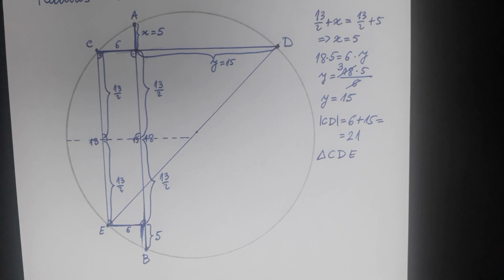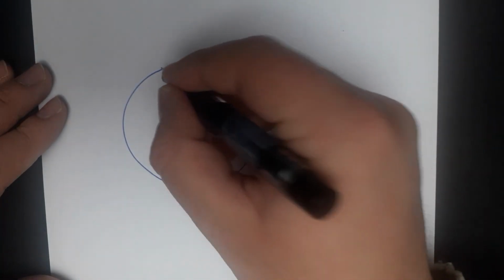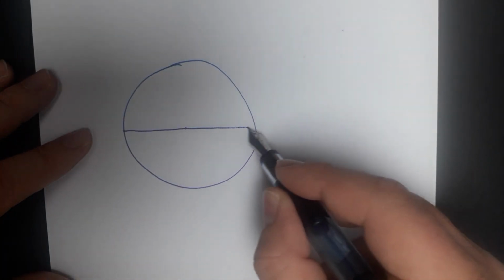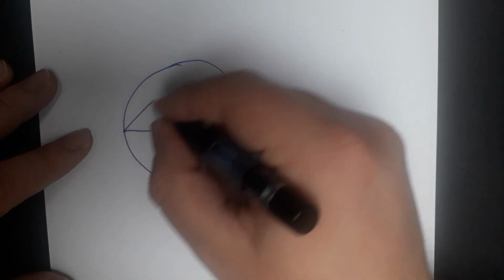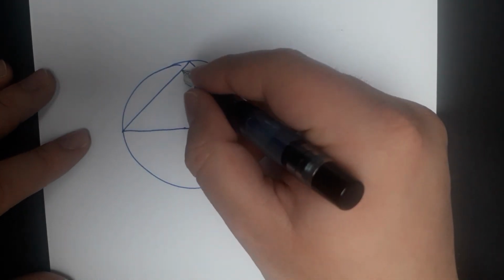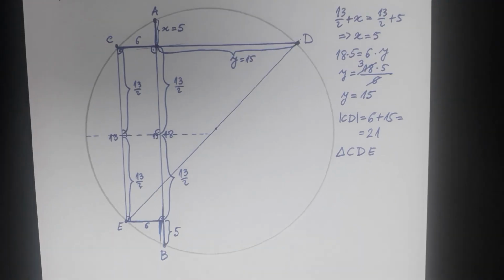Thales' theorem states that if a triangle is formed inside of a circle with one of its sides as a diameter of that circle, then the angle opposite of the diameter is always a right angle. As we have all of this, it's clear that ED is a diameter of our circle and it has to pass through the center.